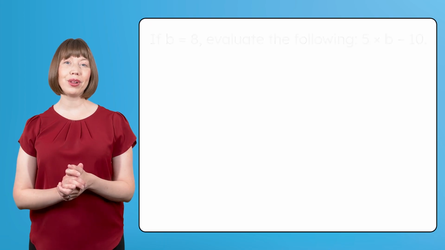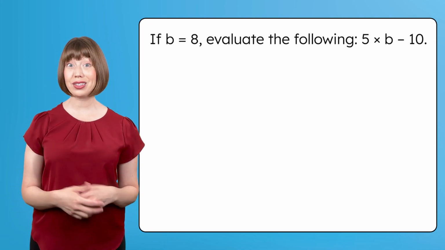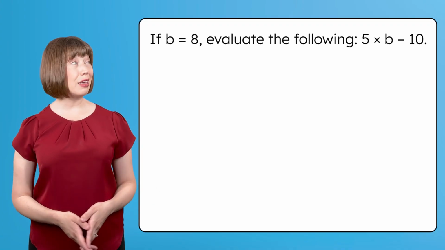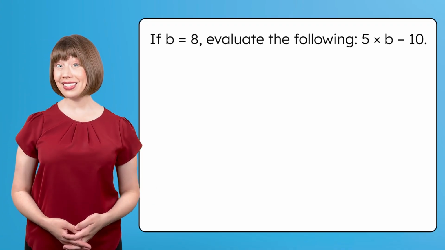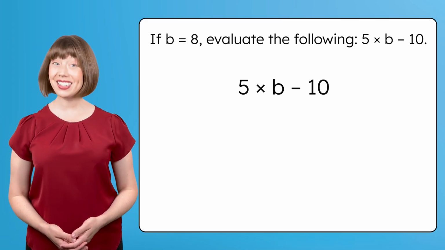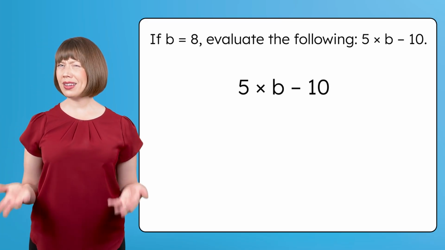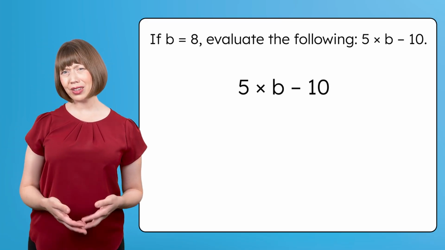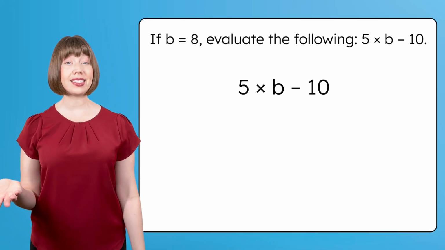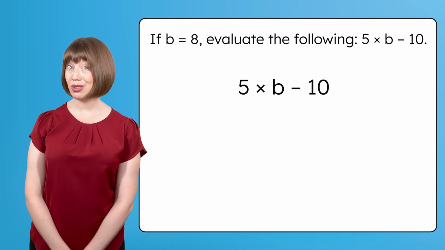Our next example has 2 different operations we'll need to carry out to fully evaluate it. If b equals 8, evaluate 5 times b minus 10. What do we need to do before we can evaluate? Exactly. Just like with the last example, we need to substitute first.